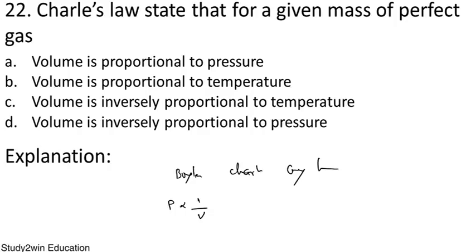Charles' law states that volume is directly proportional to temperature when pressure is kept constant, and Gay-Lussac's law states that pressure is directly proportional to temperature when volume is kept constant. So the question contains Charles' law: volume is directly proportional to temperature. So option B is correct.